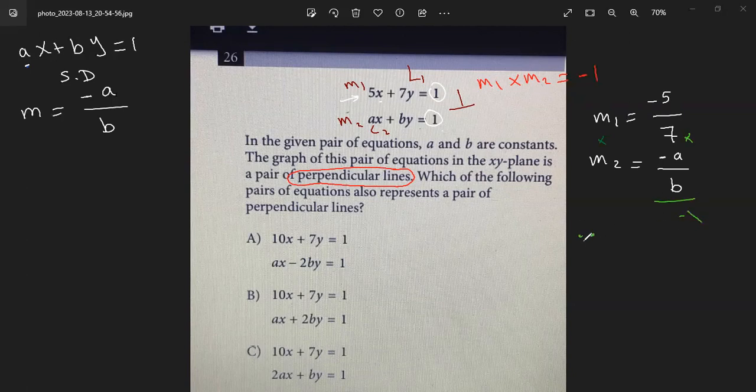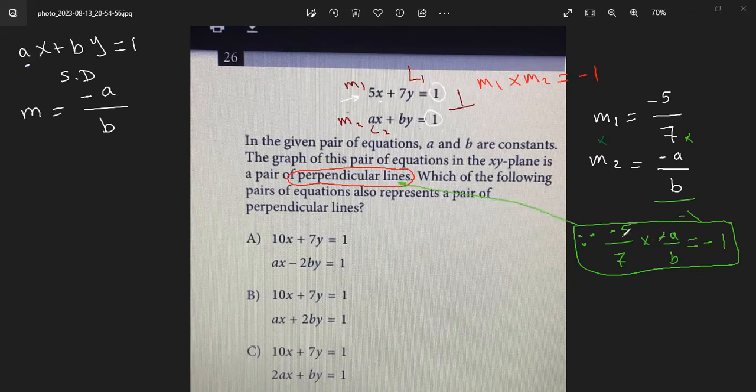Now the product of the slopes must equal negative 1. We have the sufficient condition for A and B as a ratio. Negative 5 over 7 times negative A over B must equal negative 1, because he mentions perpendicular lines.